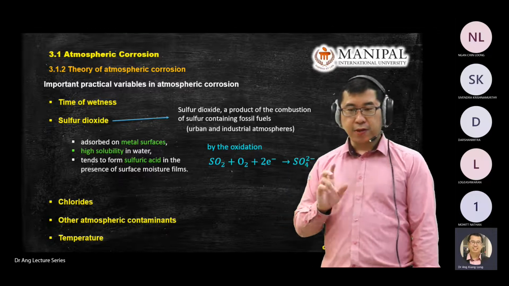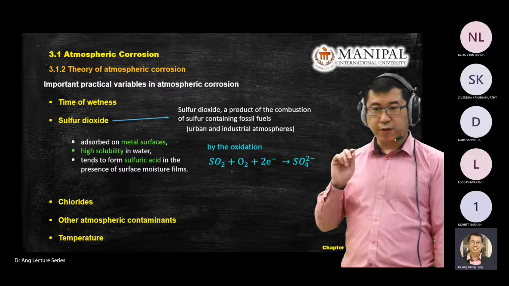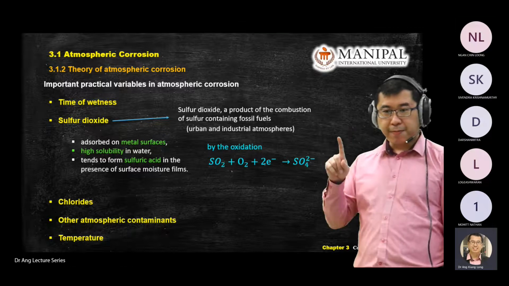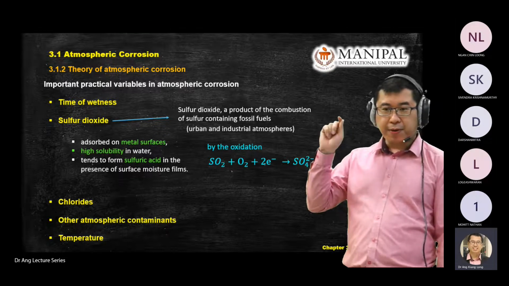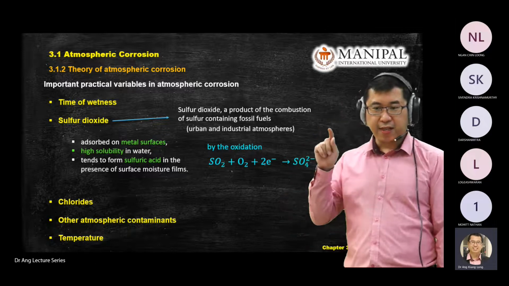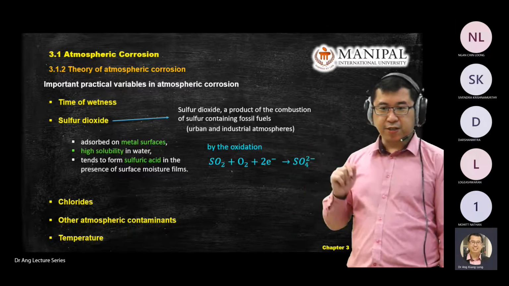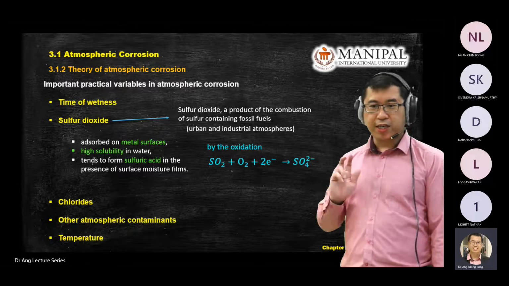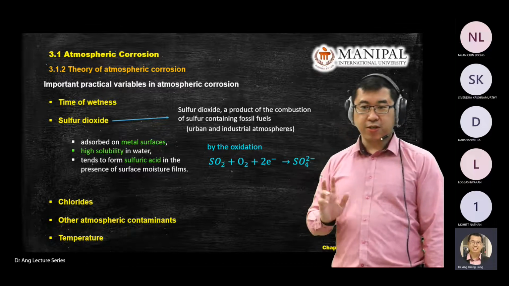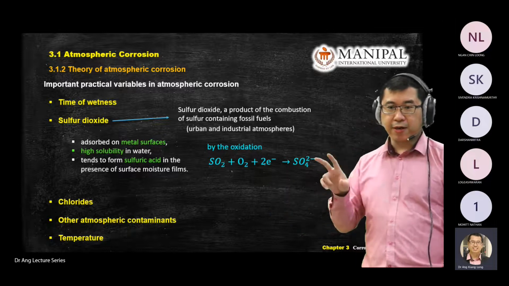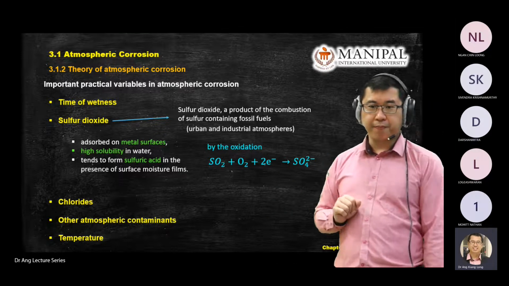You still remember we have one general equation for the metals deposition, or for the metal breakdown equation, M power n plus n e negative. That is where you get the negative charge. Again, for corrosion, there is no external supply of electricity. All the electricity comes from the breakdown of your metal or alloy element.